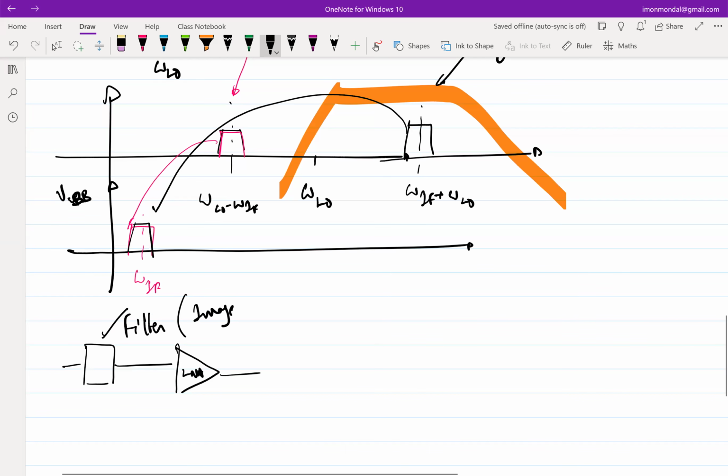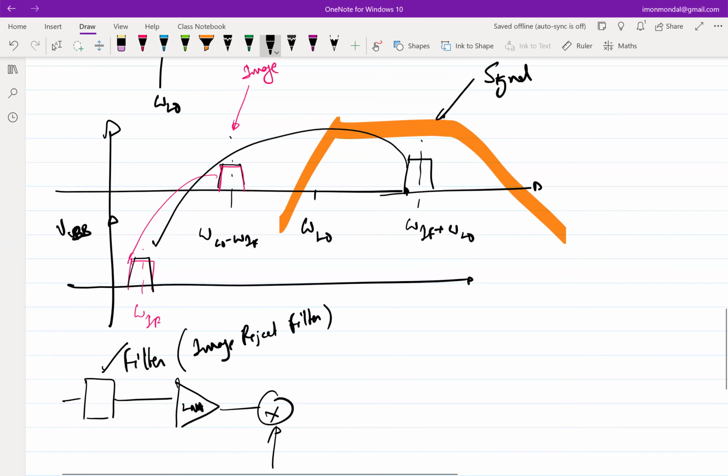Image reject filter here and then mix. Now it's a design choice, but can you comment on this image reject filter, which is obviously operating around RF?